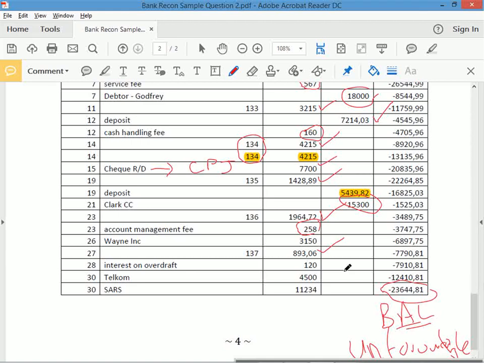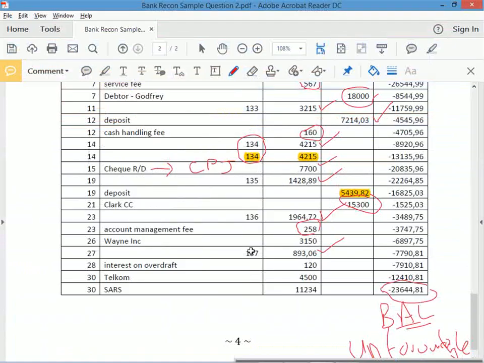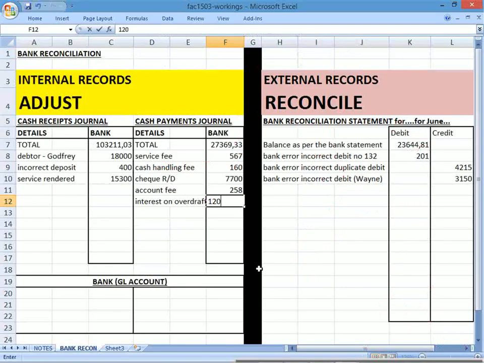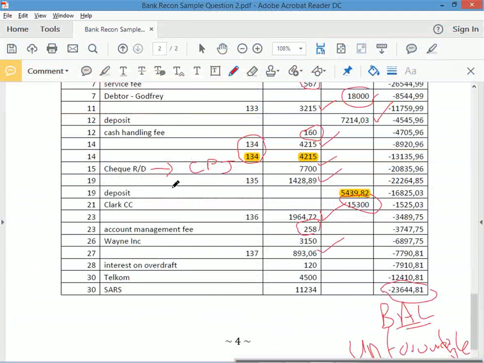No. Must I? Yes. Adjust or reconcile? Adjust. Perfect. Interest on overdraft, amount 120. Got that? Great. Let's go back.